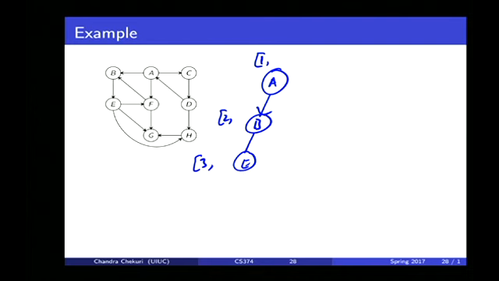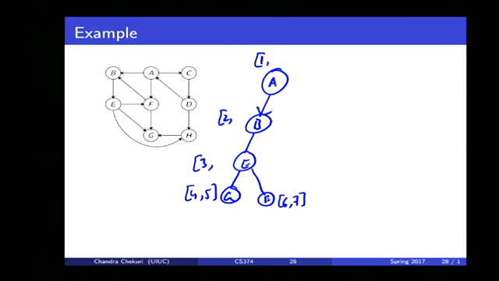E will discover maybe G, numbered 4, and then G cannot find anything else, so we come back. Then what will E explore? Or F or H. Maybe I will put F for simplicity, it doesn't matter. 6, 7.